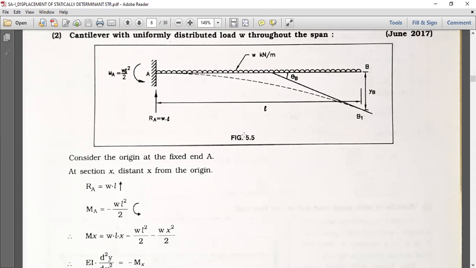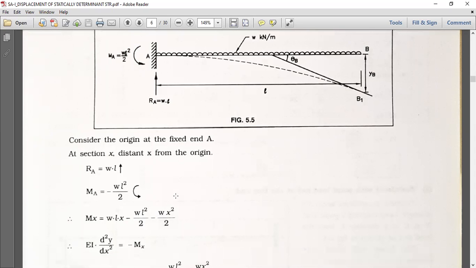Now RA is equal to W into L because the load is a UDL. MA is equal to W into L by 2, which is WL square by 2.